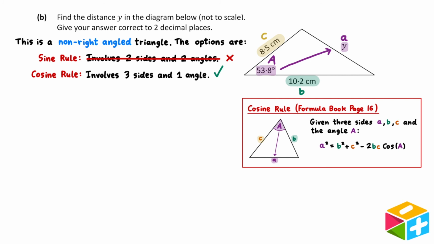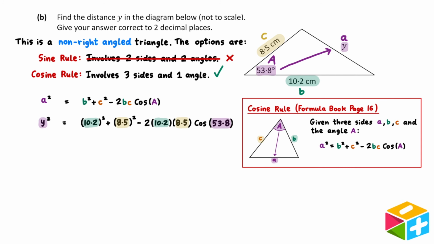Here I will let b be 10.2 and c be 8.5. From here, we can sub in to our cosine rule. The right-hand side here is quite messy, but we can simplify things a lot just by using our calculator.